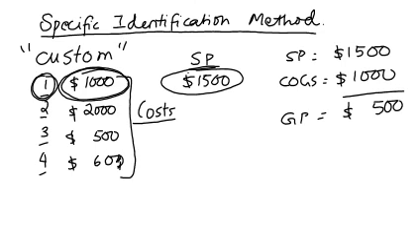In other words, we do not average the cost across these four necklaces. We specifically identify which necklace was sold and we take the cost of that necklace and we subtract that from the sale price. This is the specific identification method used for high-end custom goods typically.